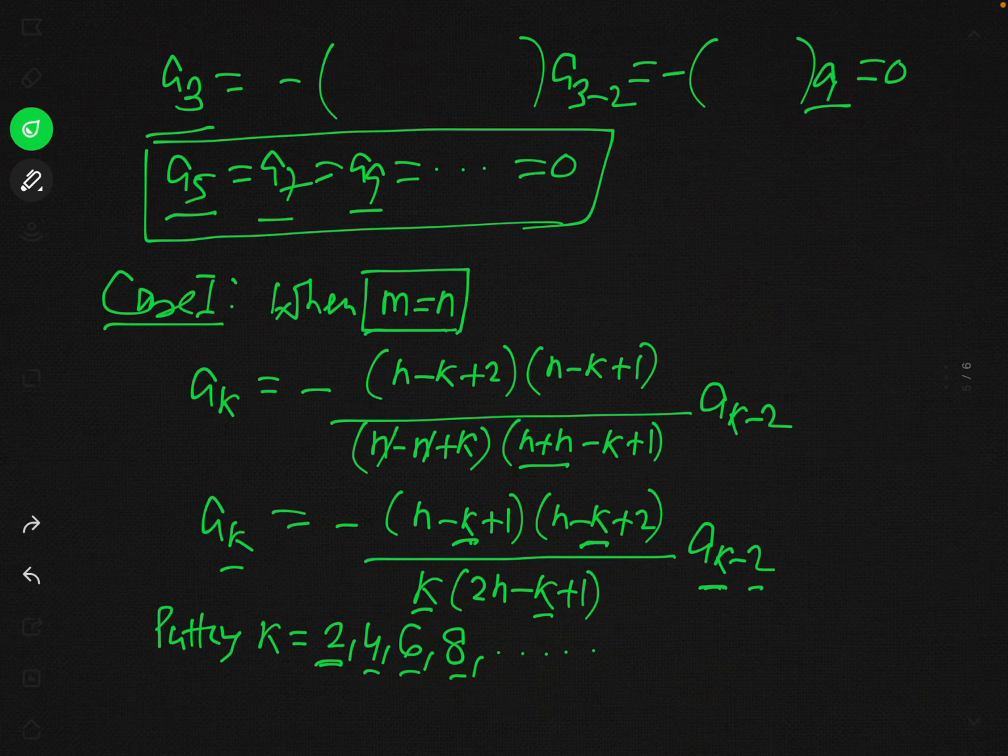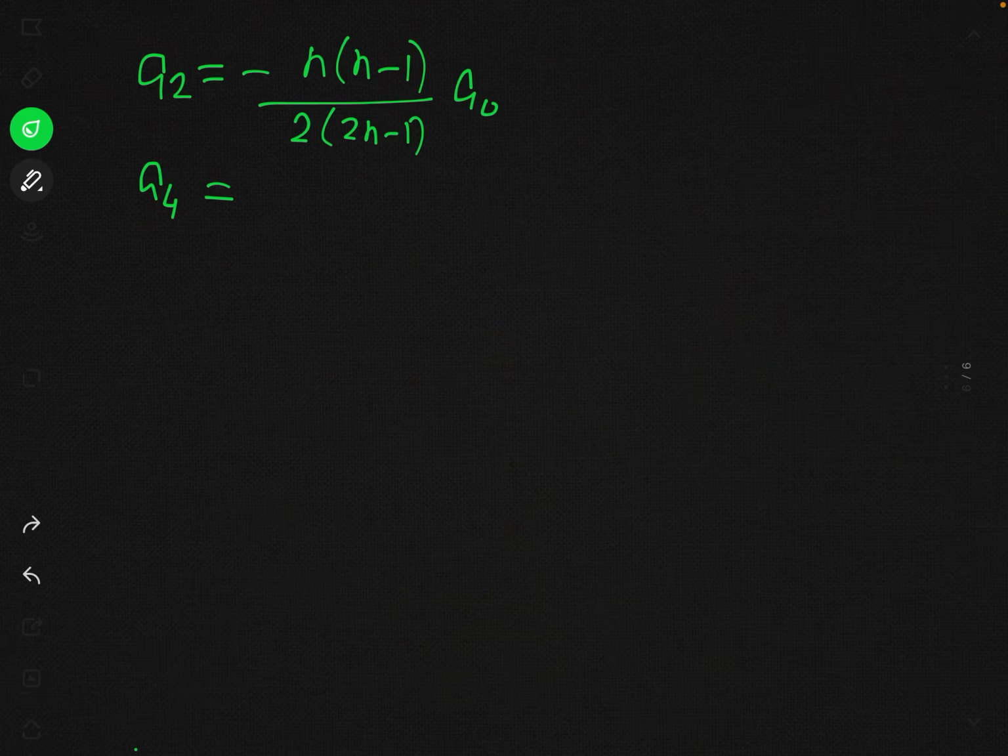Now we will put k equal to 4 in this equation. You can see, when you take k equal to 4, here will be n minus 4 plus 1, that will be n minus 3. And this is n minus 4 plus 2, that will be n minus 2, and here will be a4 minus 2, that will be a2, and here will be 4, here will be 2n minus 4 plus 1, that is 2n minus 3.